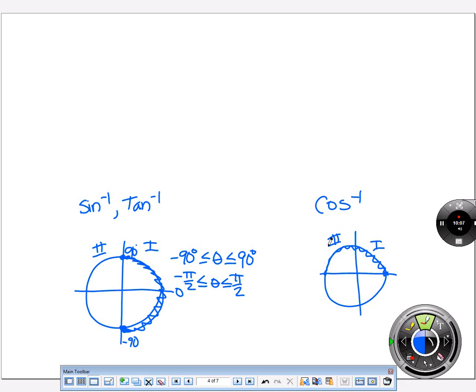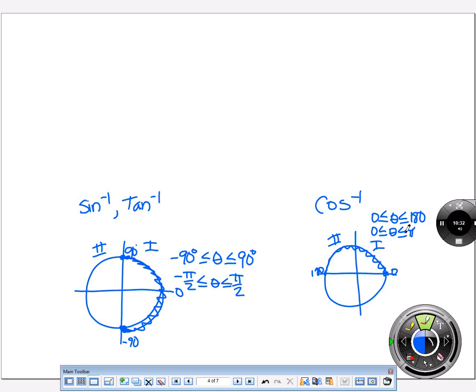Because 3 just has a repeat of quadrant 2, and 4 just has a repeat of quadrant 1, so we don't want any repeating. We want unique answers. So when you're picking an answer for cosine, you make sure that the angle that you give them for an inverse cosine problem is between 0 and 180, or in radians between 0 and pi.